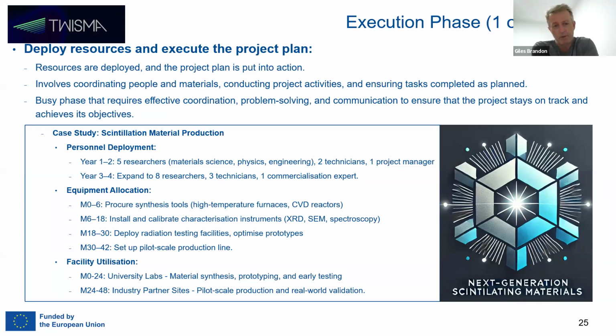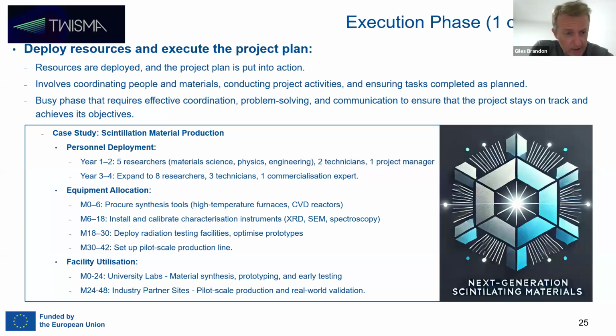By that stage, maybe there'll be some additional researchers, technicians, and also commercialization experts. And likewise, they need to be contracted. They need to have a clear understanding of their roles and responsibilities. On the equipment side, this may be the rough, well, less rough plan of deployment for that equipment.